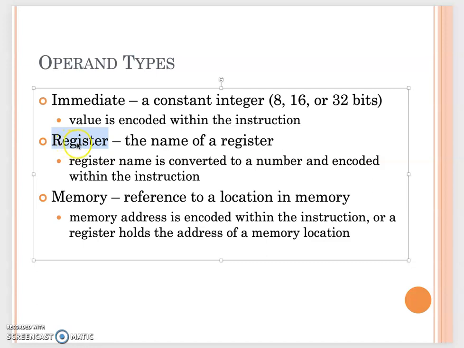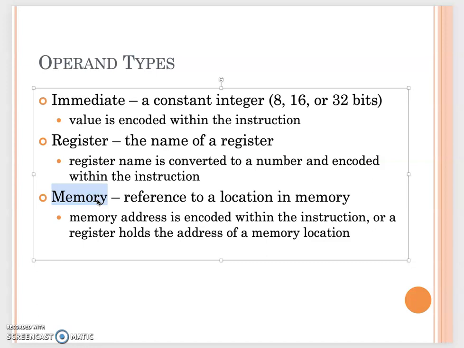In addition to registers, we can also use a memory operand, which is a reference to a location in memory. Remember what we talked about at the end of Chapter 3: under the data directive, we can declare a data label, tell it the data size, then assign the value.